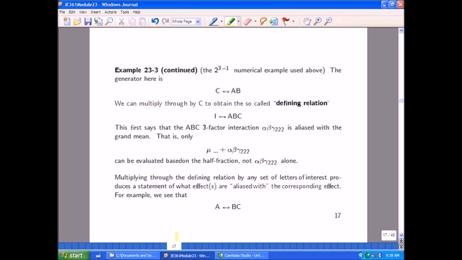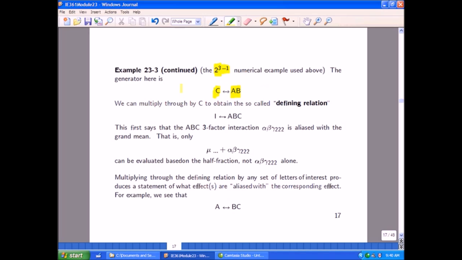And that means, for example, in the context of the 2 cubed minus 1, I set levels of factor C using AB products.